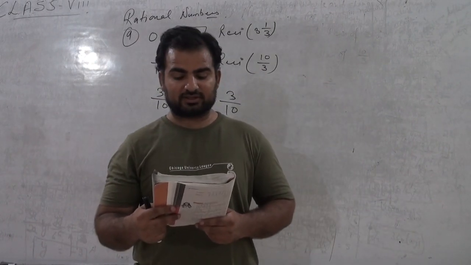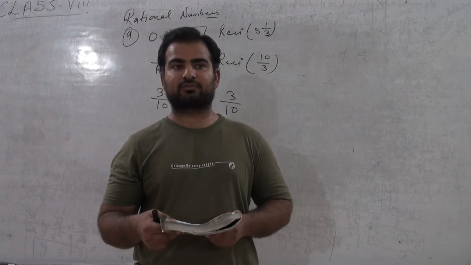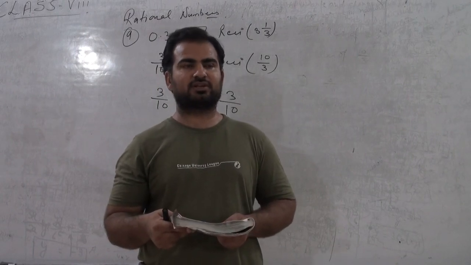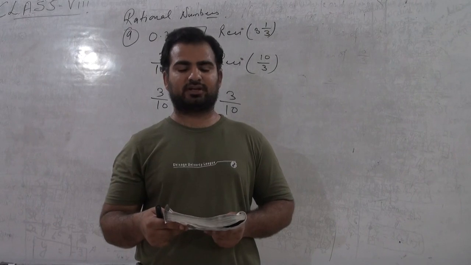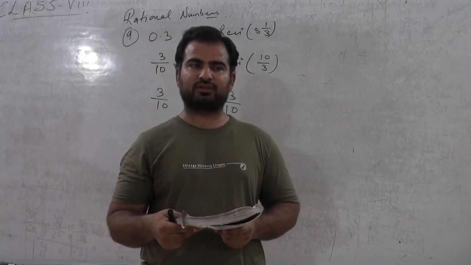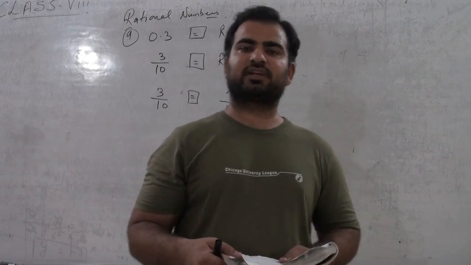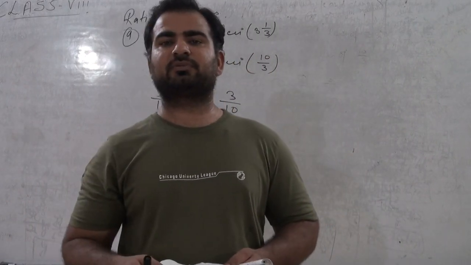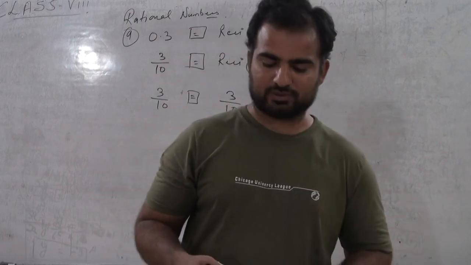The rational number that is equal to its negative is 0, because 0 and minus 0 are equal.